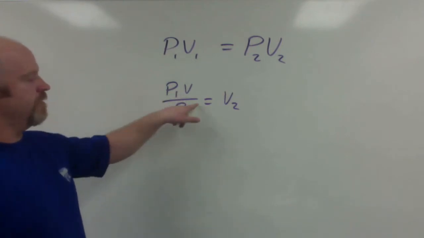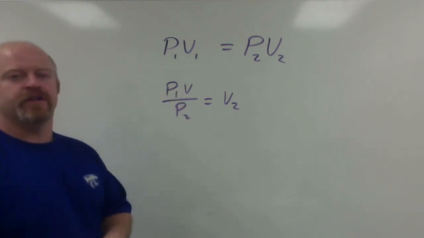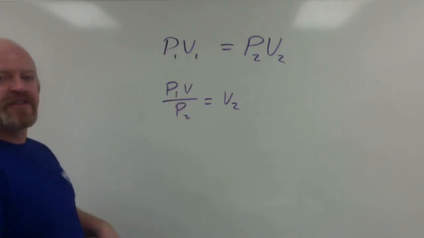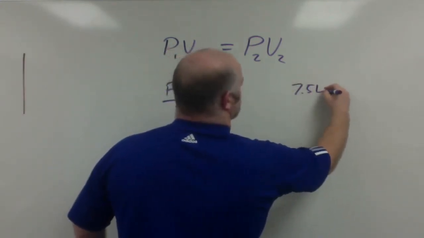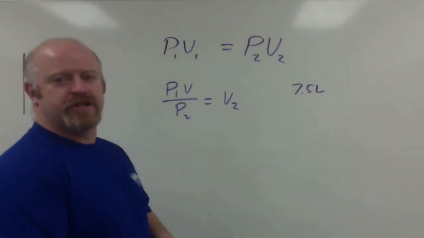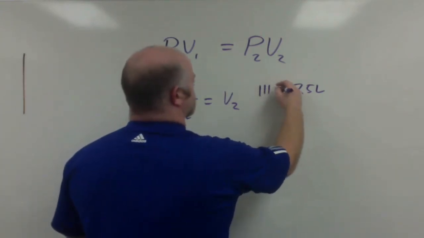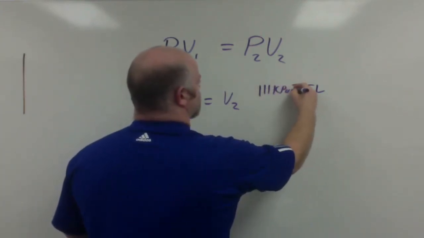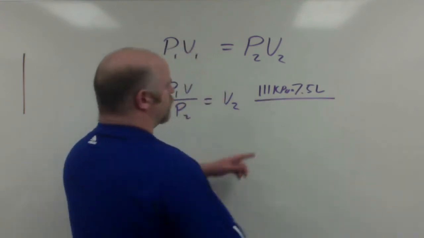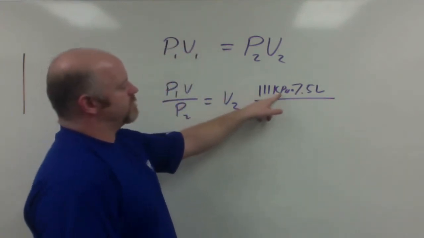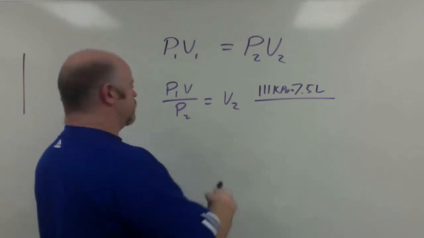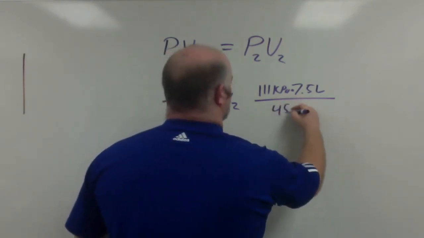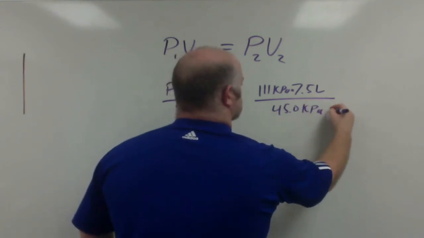And now we're going to plug in our numbers for these values here. So initially we had a volume of 7.5 liters. We initially had a pressure of 111 kilopascals. So 111 kilopascals times 7.5 liters, and we're dividing by a new pressure, our P2 of 45.0 kilopascals.